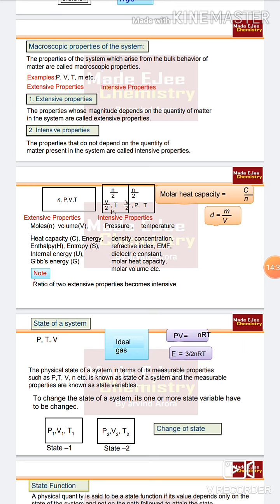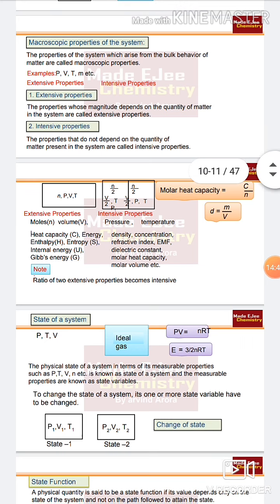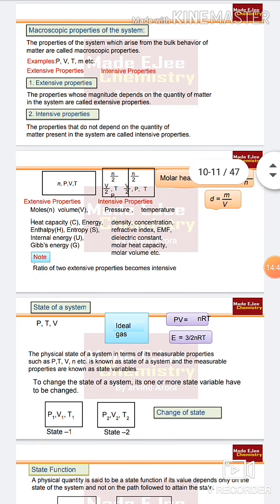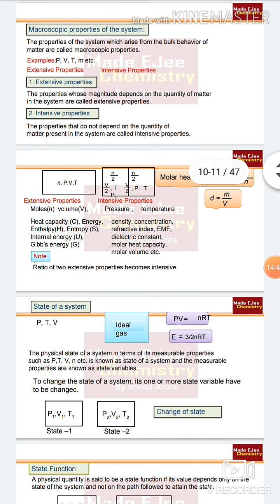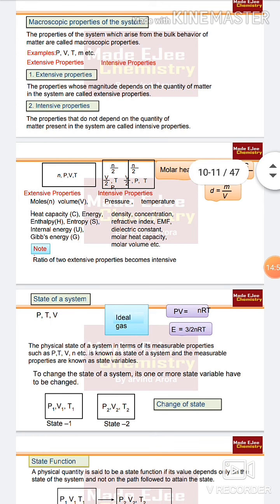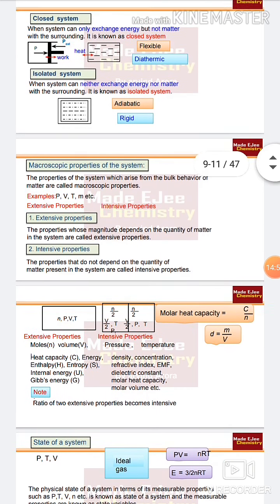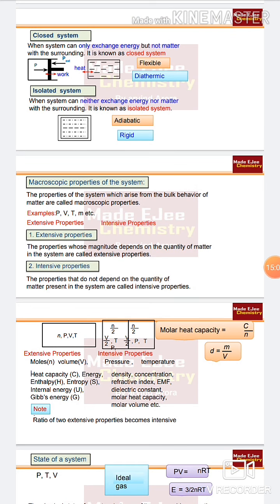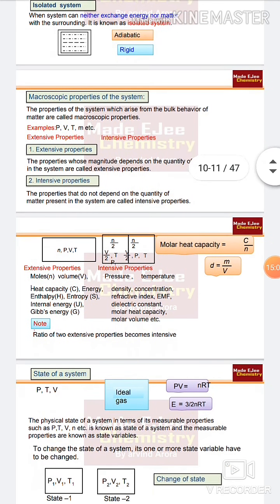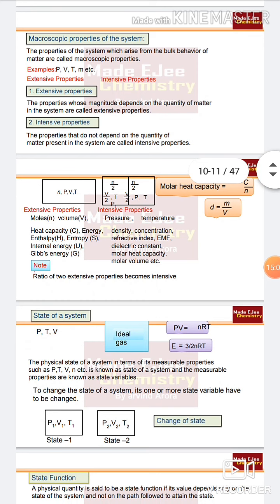And the second is intensive property. What are the intensive properties? The intensive properties are the properties which are independent of the amount of matter present in the system. And the examples and more details we will see in the next lecture.